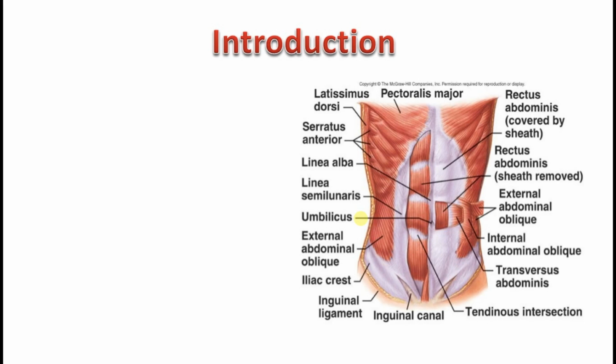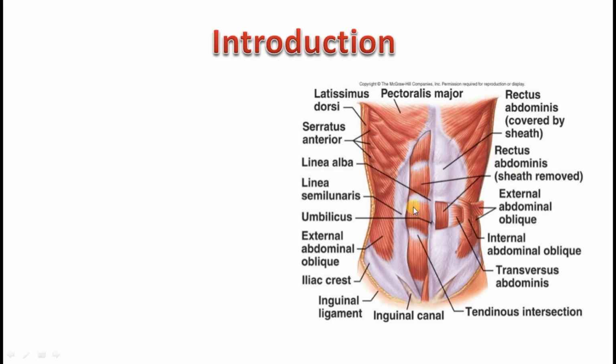Now, what is a rectus sheath? We all would have known about the sheath, fascial sheath. The fascia actually forms a sheath around the muscles. Now, this is also a sheath which is covering the muscle, that is the rectus abdominis muscle.